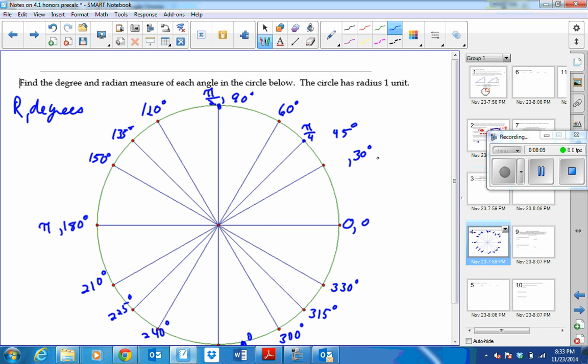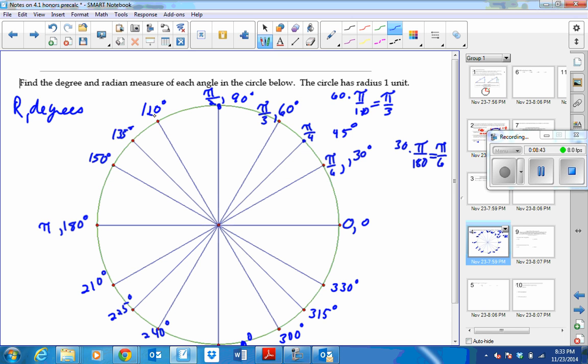So if we multiply 30 by pi over 180, and we cancel out, we get that it is pi over 6. And we know that one is pi over 4. So over here we're going to multiply 60 times pi over 180, and we get pi over 3 radians.